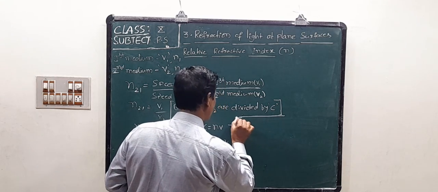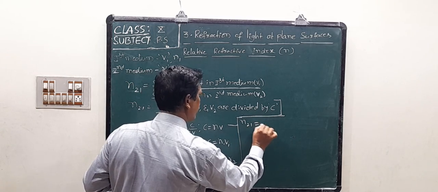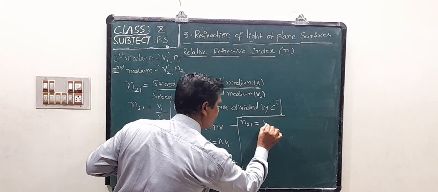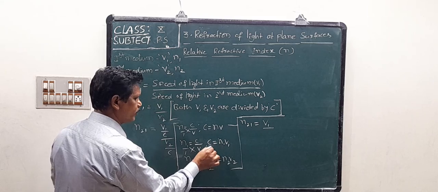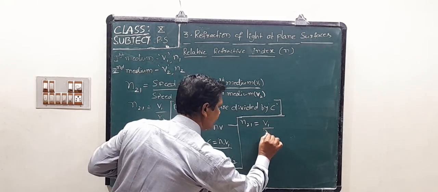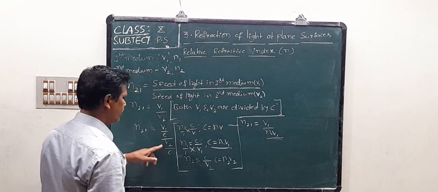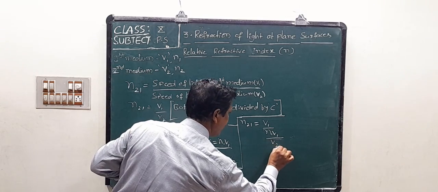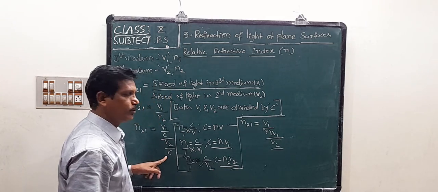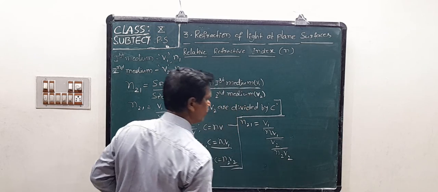Therefore N21 equals V1 by C divided by V2 by C. In the first medium C is equal to N1 V1, so C is replaced by N1 V1, and in the second medium C is replaced by N2 V2.